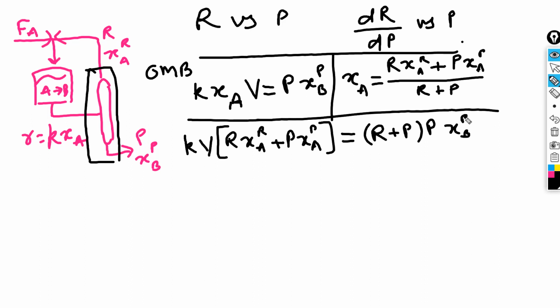And now we will take all the R terms together on one side and everything else on the other side.